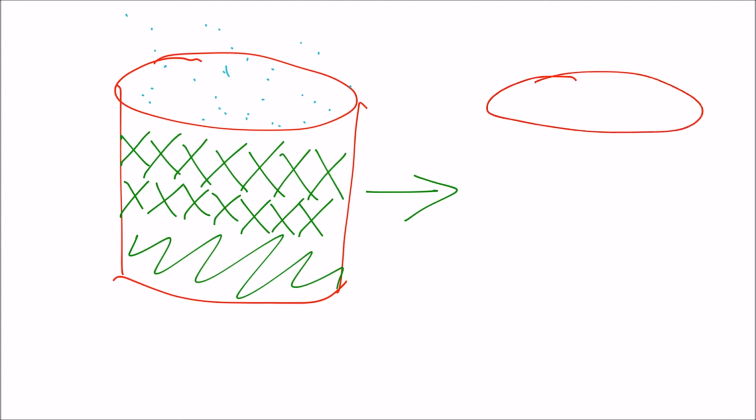So when I do that, those salt molecules are going to dissolve and spread out in my container of water. So they're going to effectively sit in between those X's.